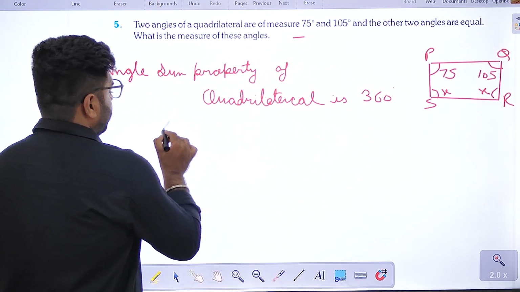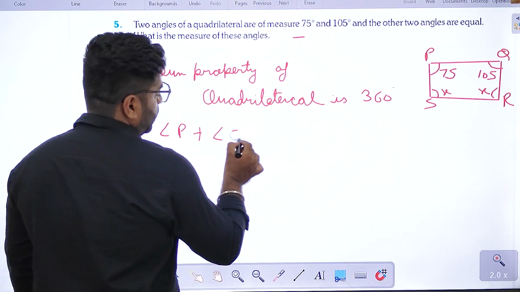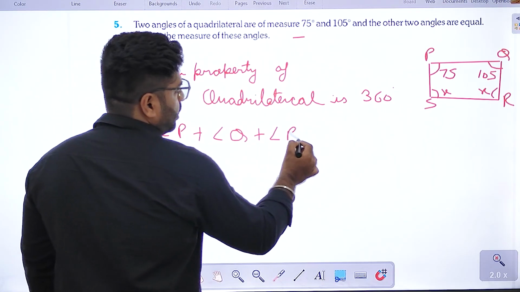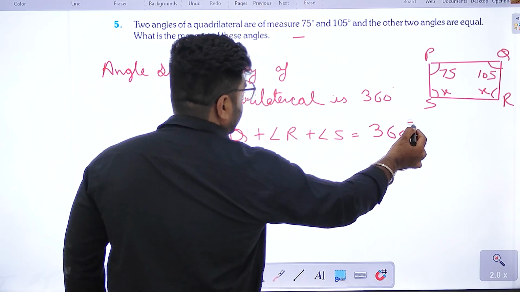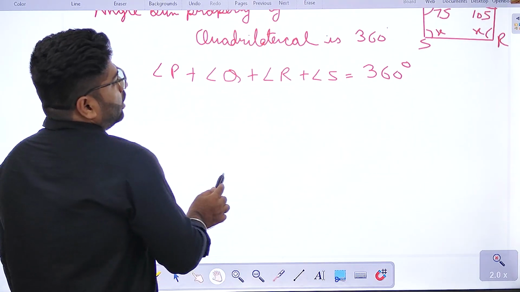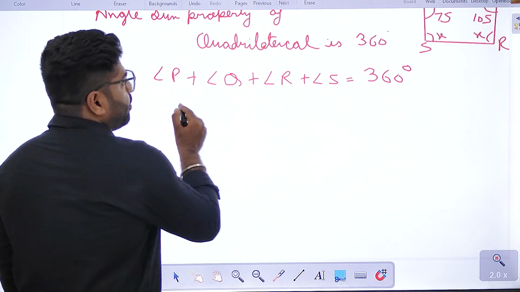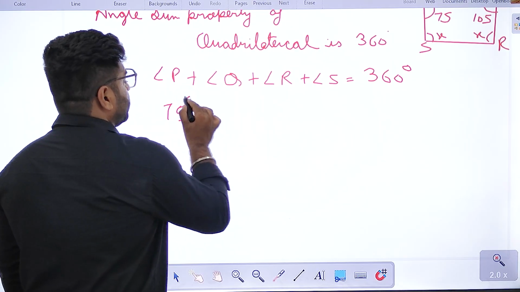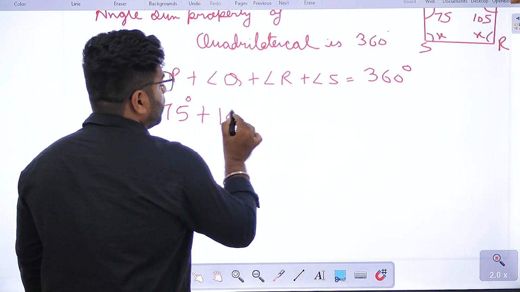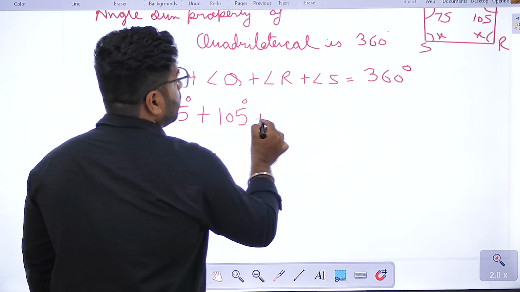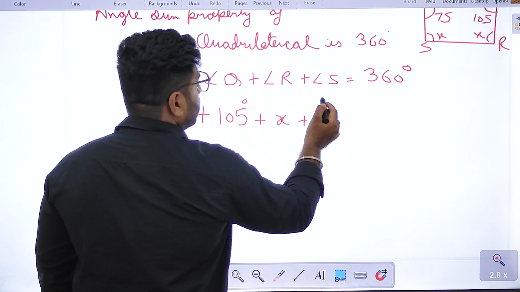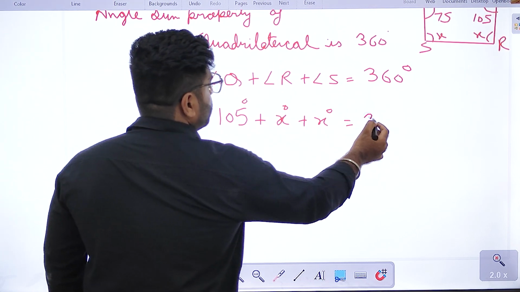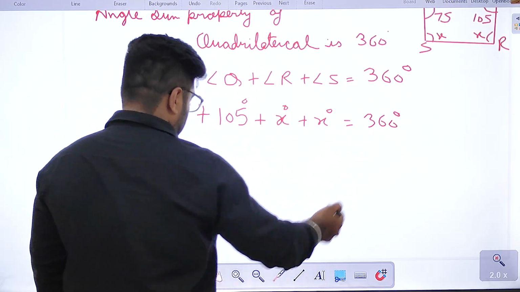Clear? So angle P plus angle Q plus angle R plus angle S equals 360 degrees. Now angle P is 75 degrees, angle Q is 105 degrees, angle R is x, angle S is x, equals 360 degrees.